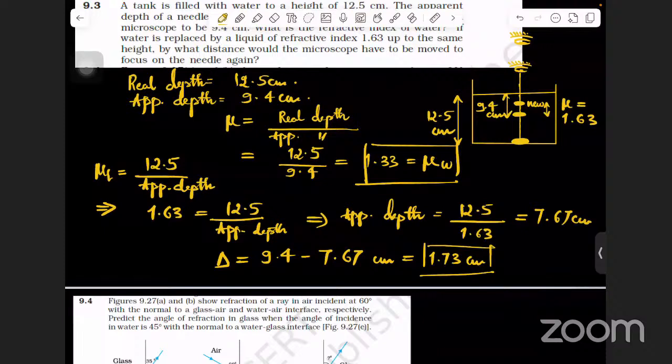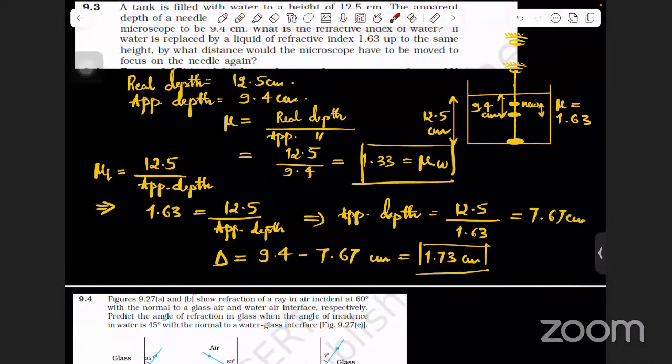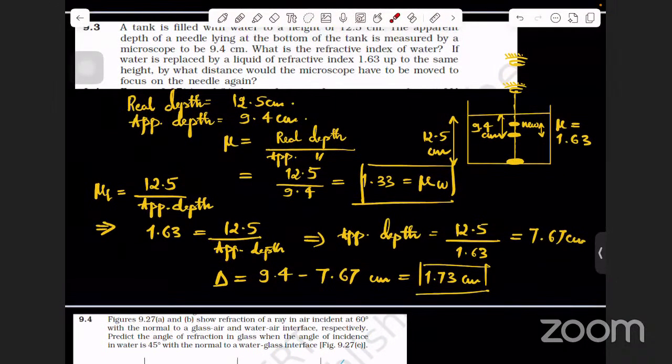This should be your final answer, not this. Always keep track of what's actually asked in the question. I guess this is also a pretty easy question, no rocket science over here. I guess students would have easily followed through the discussion.